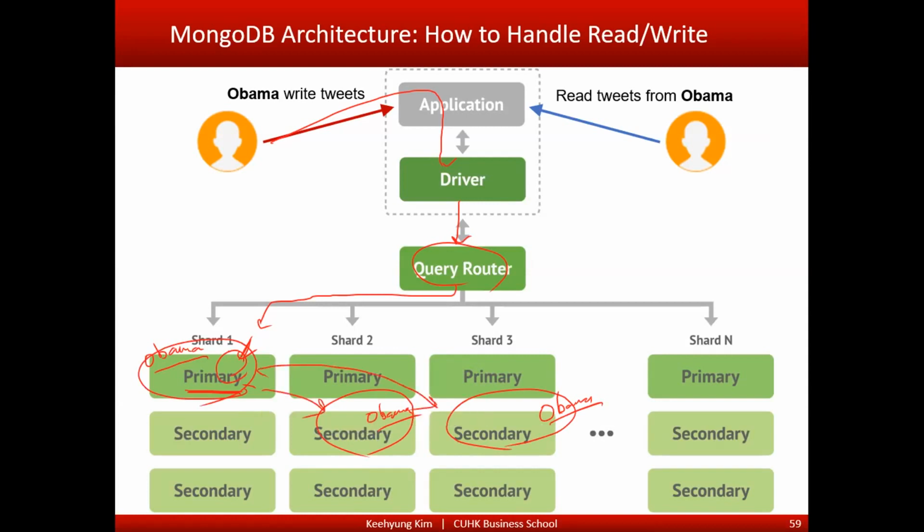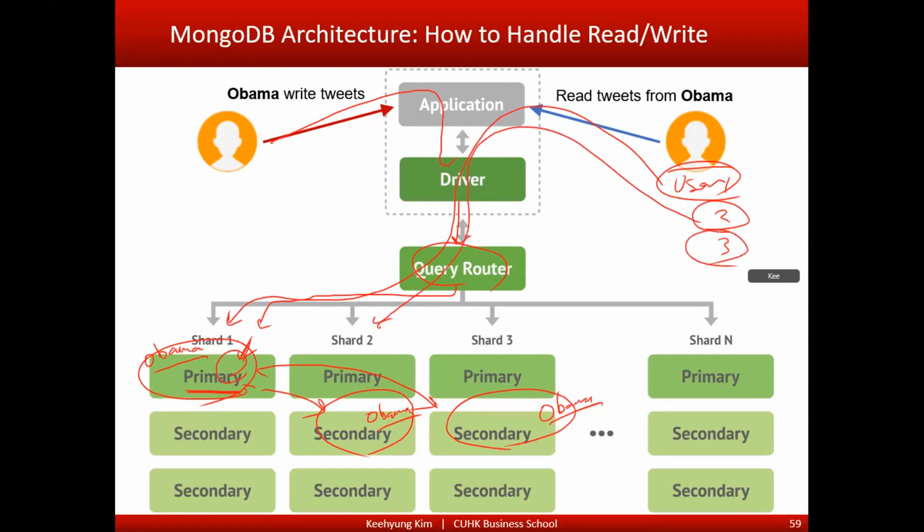And in the future, users are asking to read tweets from Obama. Let's say that there are 3 users, user 1, 2, 3. They all want to read tweets from Obama. Then user 1's request can be sent to server 1, user 2's request can be sent to server 2, and user 3's request can be sent to server 3, so that we can process the 3 people's requests at the same time, because each shard is a different server.